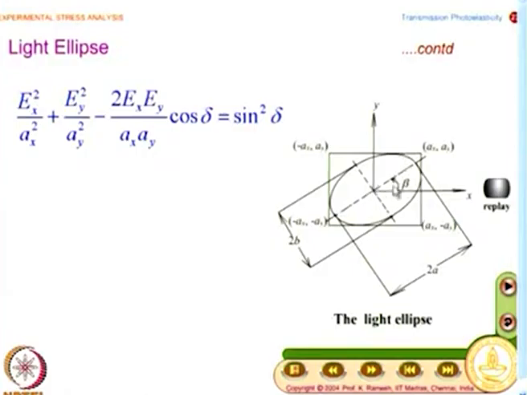and in this light ellipse, the major and minor axes are shown here, and this is oriented at an angle beta, and this is governed by a generic expression like this.